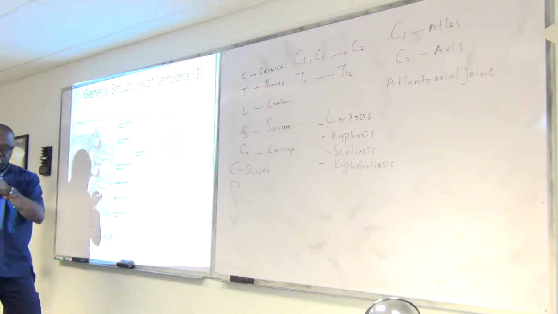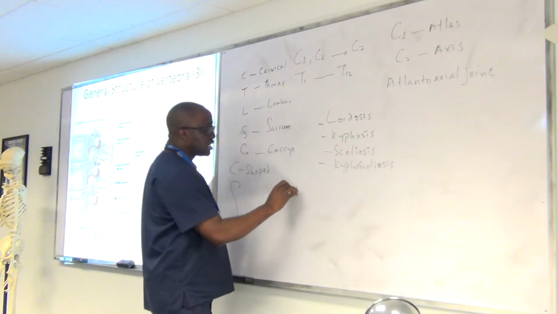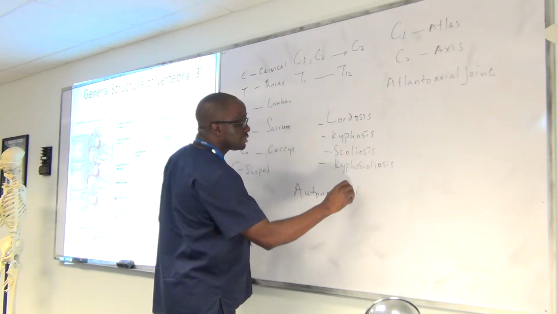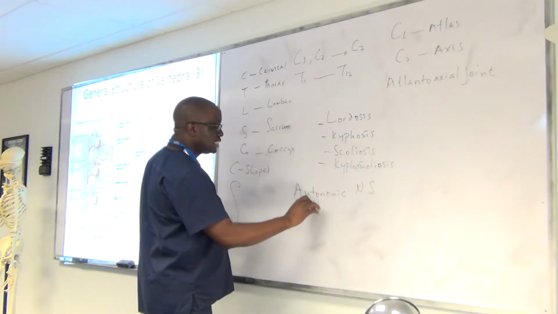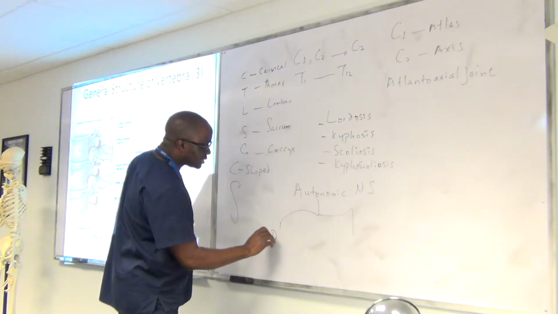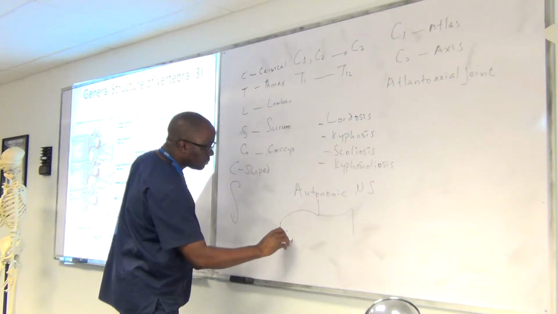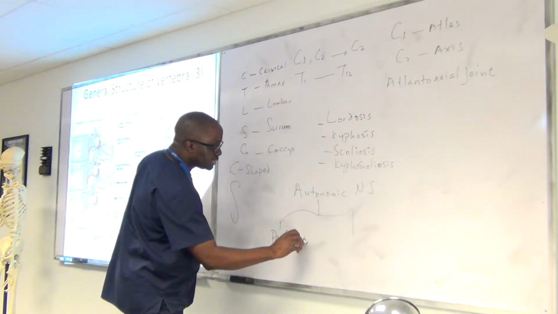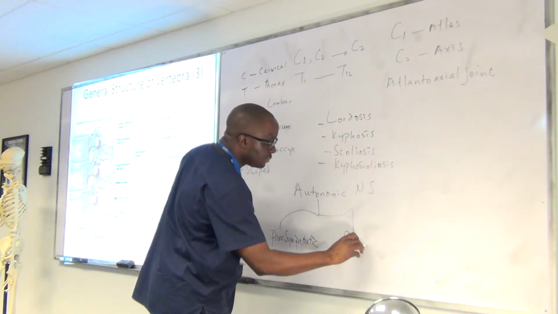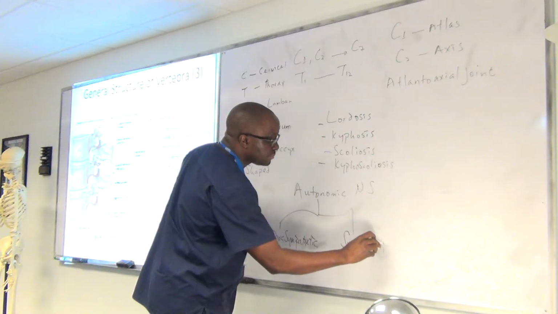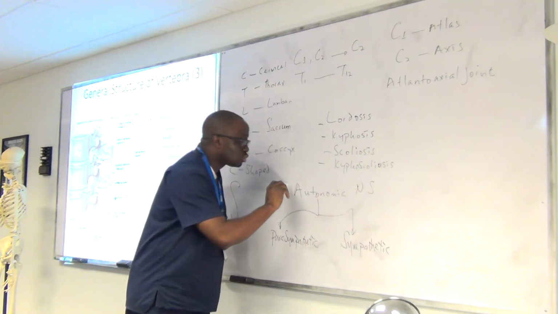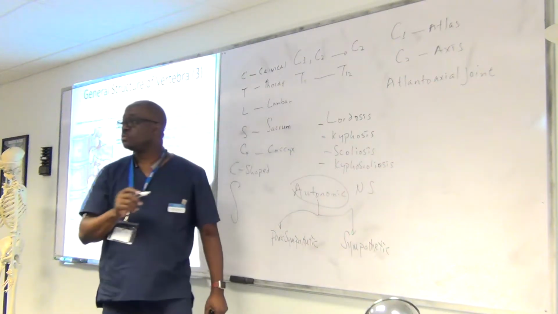Let me just chip in a little bit. The autonomic nervous system is divided into two: the parasympathetic and the sympathetic. Remember when we said auto, which means what?